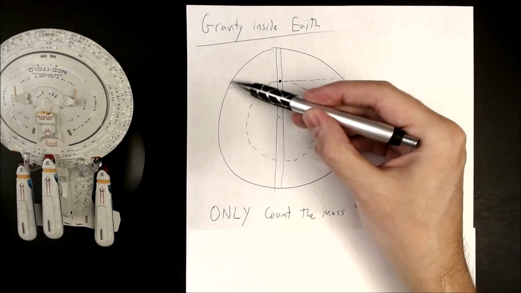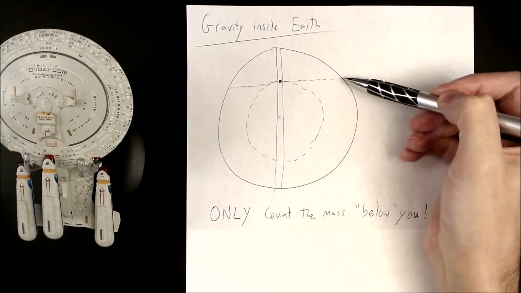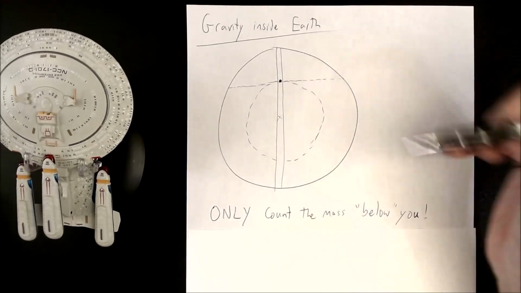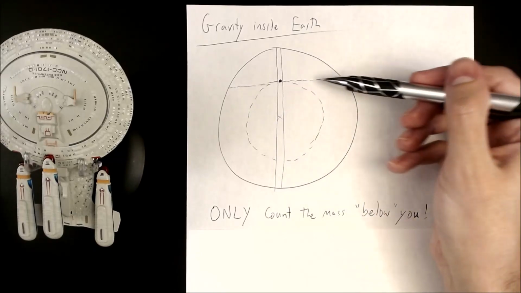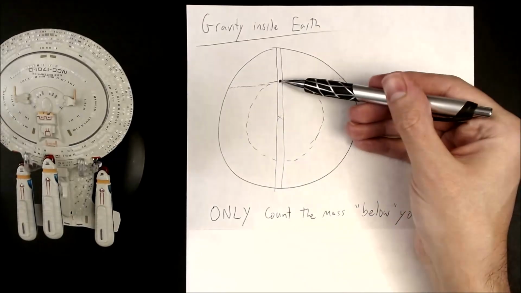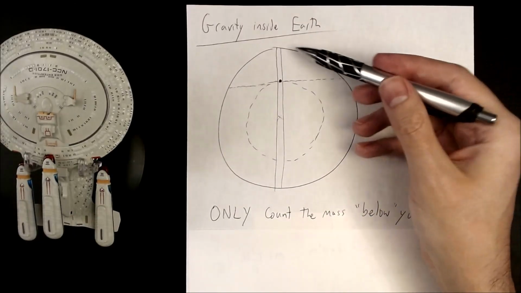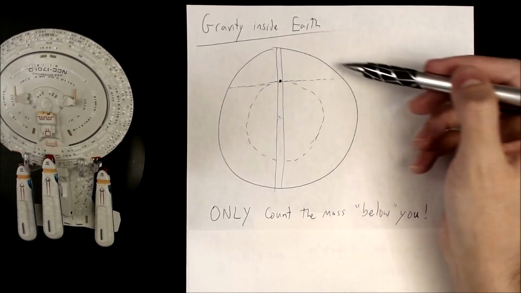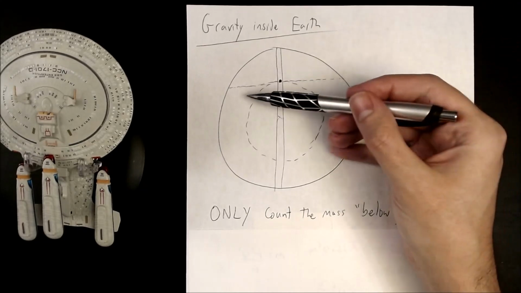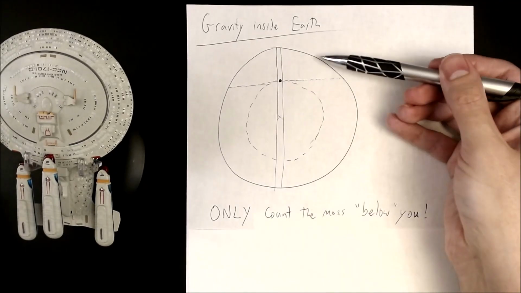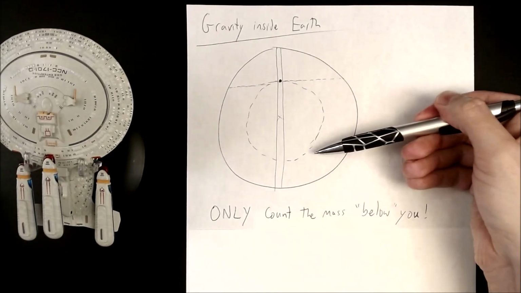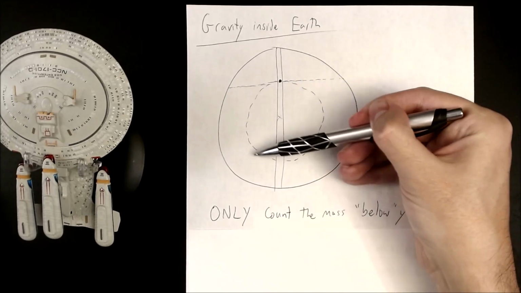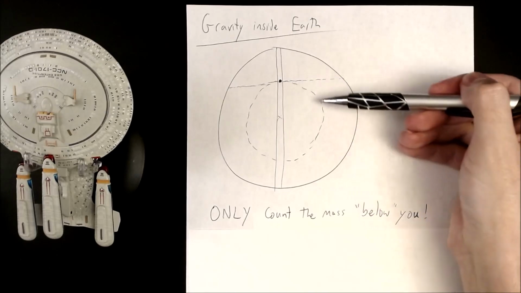If you take the mass that is in this region here, above the imaginary plane that you've drawn through where the ball is, compare the gravity from that mass to the gravity from the mass on the other side of that imaginary plane, and also outside of this imaginary sphere.